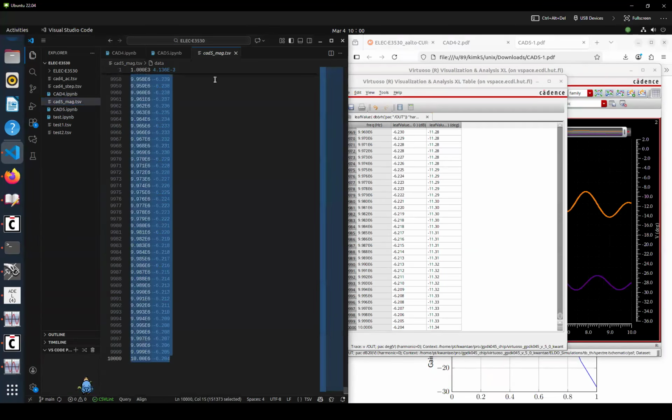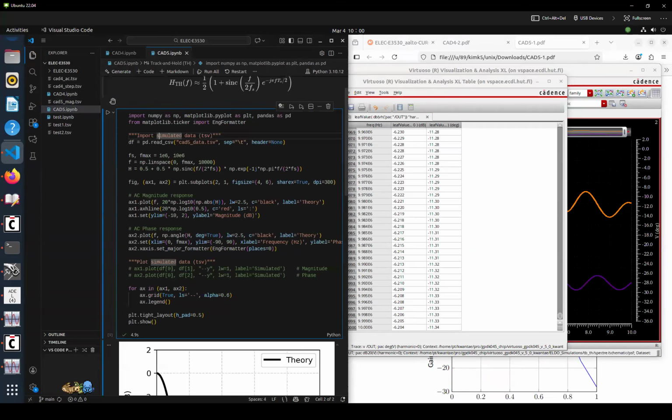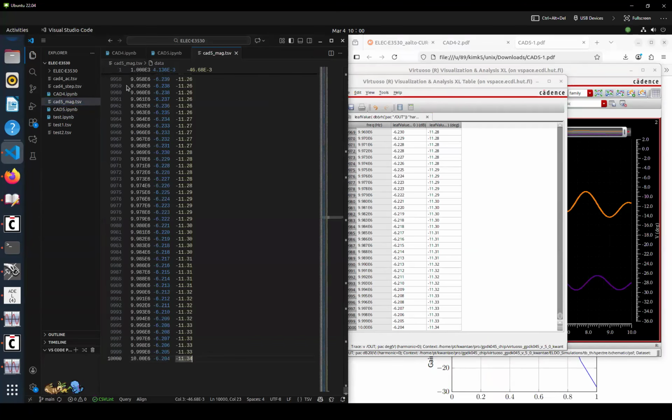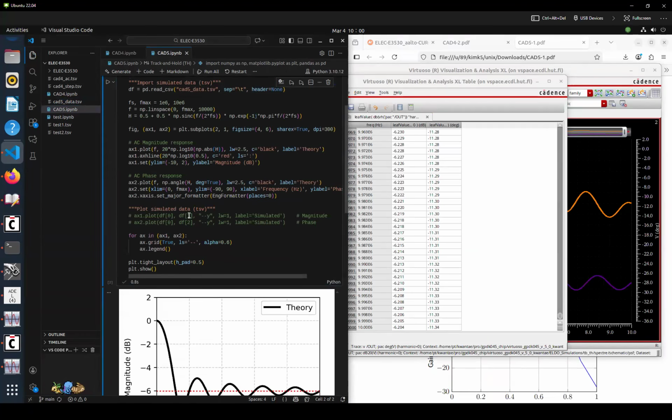So here, paste, you can see that those are tab separated data, so Python or MATLAB can read it. So let me change this one, just data. Okay, looks good. And here, magnitude and phase.